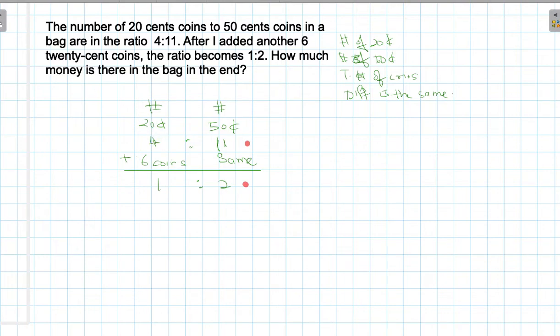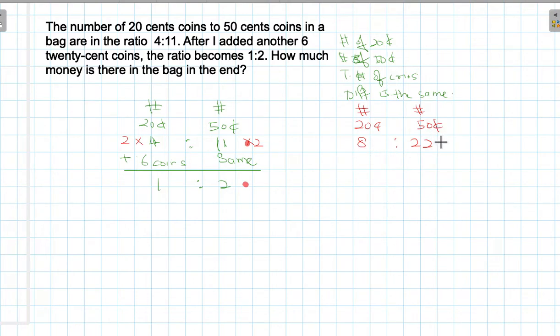But 11 and 2 are very hard to make the same. So I do a simple trick. I times 2 here and times 2 here. Their ratio remains the same. Here will become 8, and here will become 22.